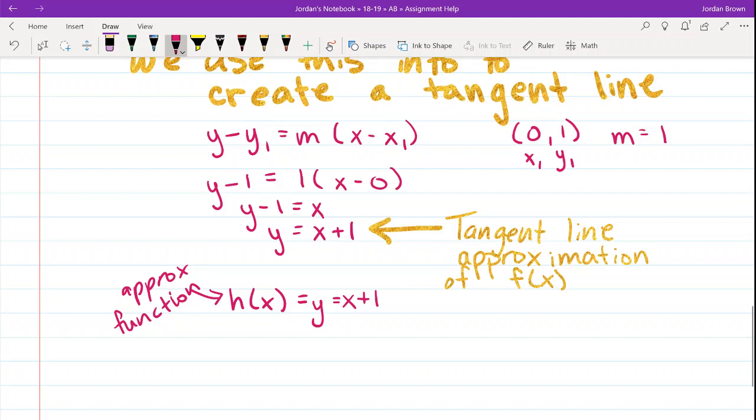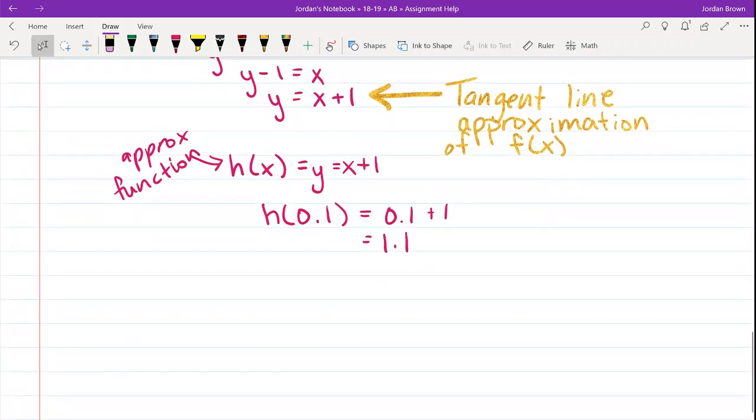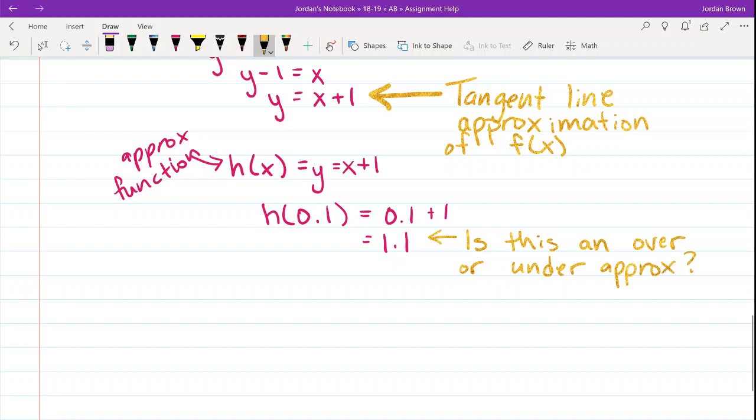Now we wanted to know 0.1. So we take that and we plug it in. We have 0.1 plus 1. We get 1.1 as that point. And we want to know, is this point an over or under approximation? Okay, to do that, we need to find the concavity.